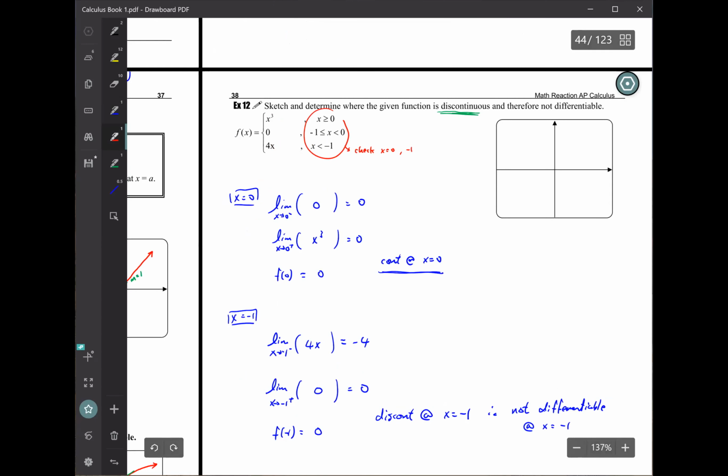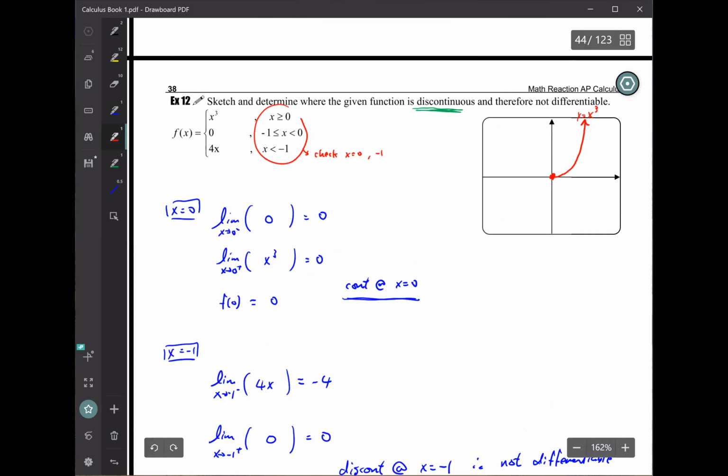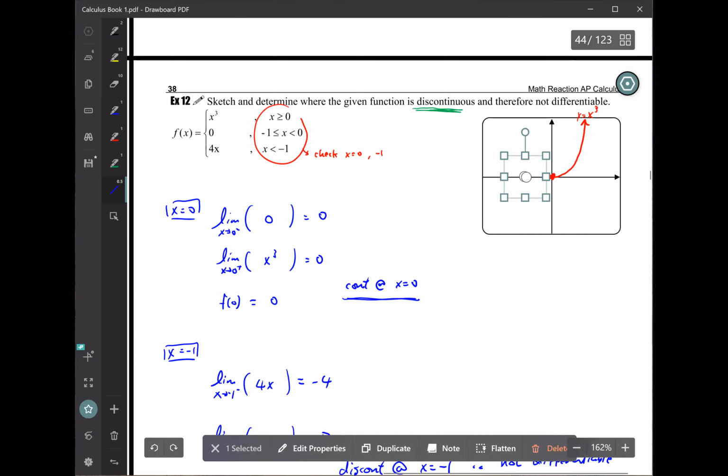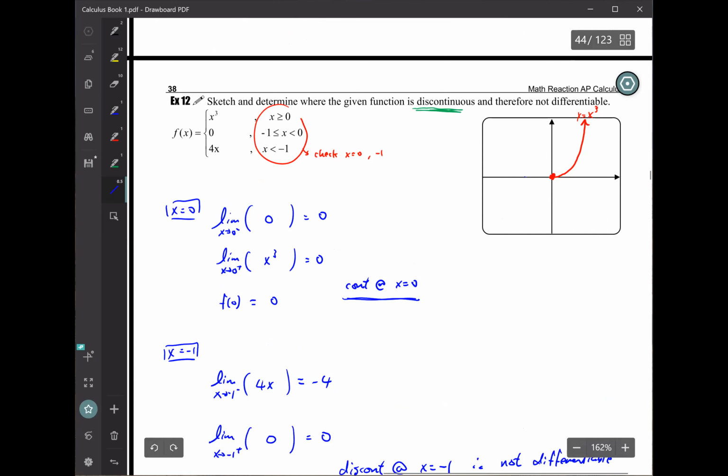So x greater than 0 is a cube, right? Cubic. I will draw with the red. Cubic looks like this, right? This is x cubed. And then for the middle section, -1 to 0 is a 0. I'll use the blue one. So from -1 to here, right?